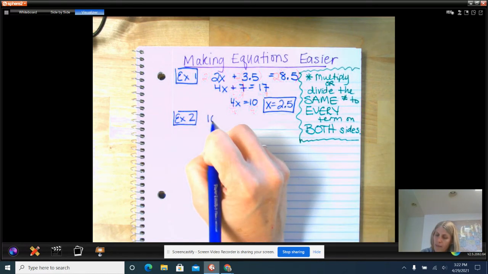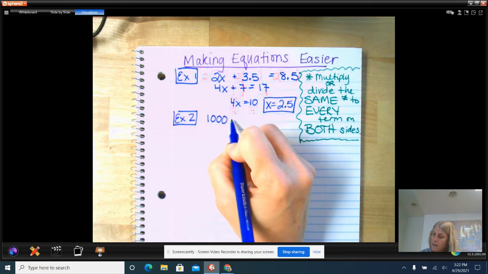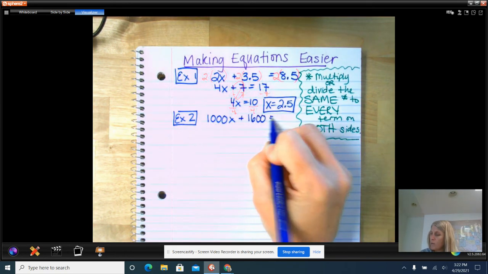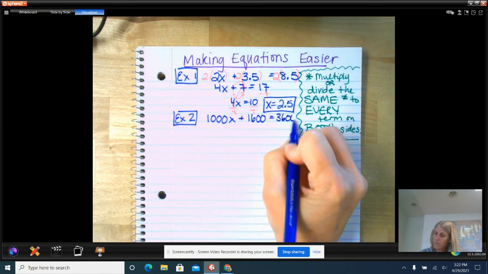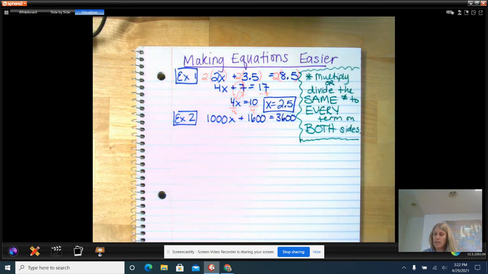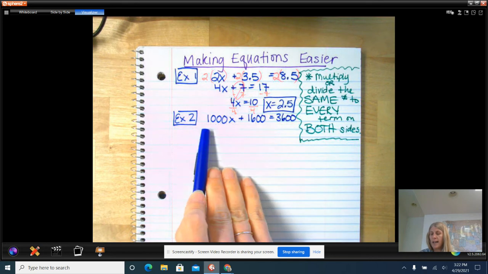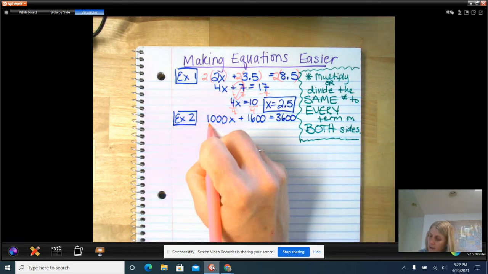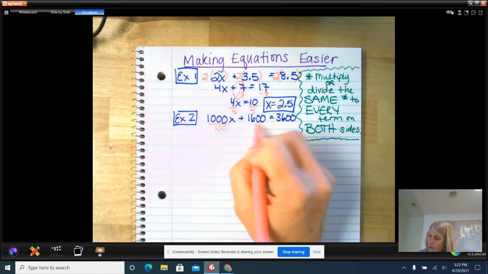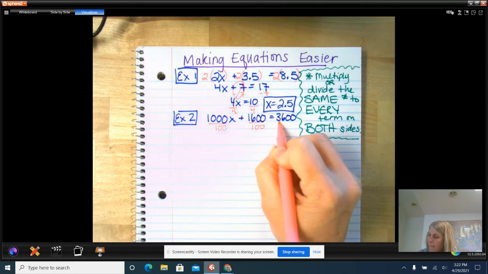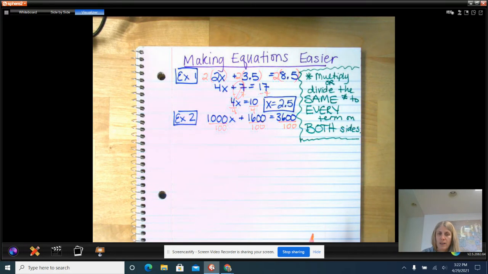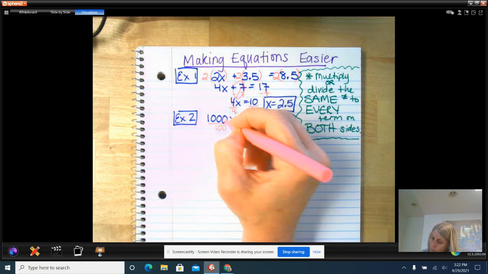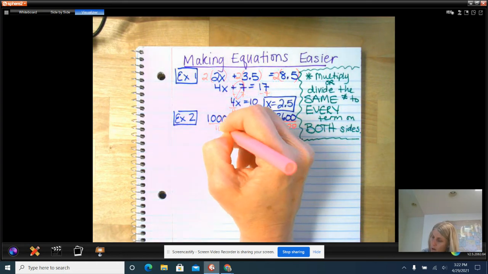So if I have 1,000x plus 1,600 is equal to 3,600. As you can see in each one of these, I have 2 extra zeros. So what that means is I can divide every term on both sides by 100, right? So basically what that does is that takes both of those zeros off.